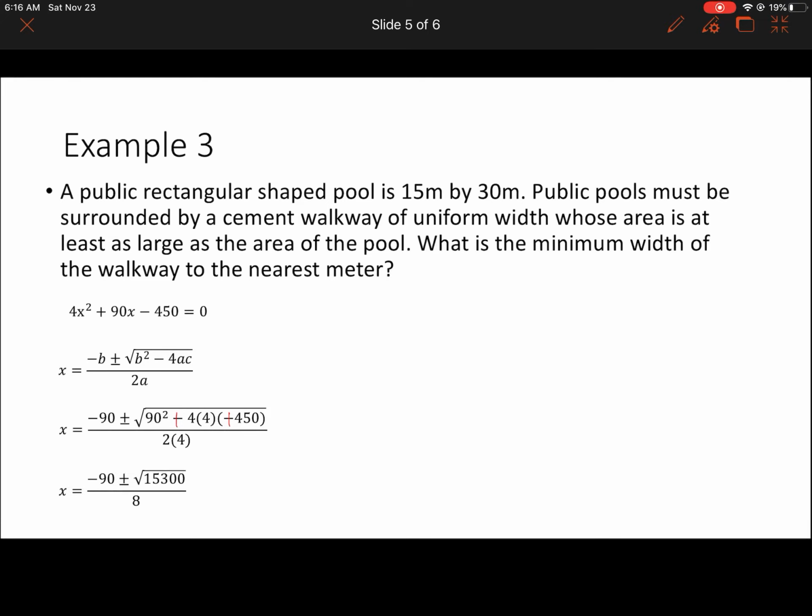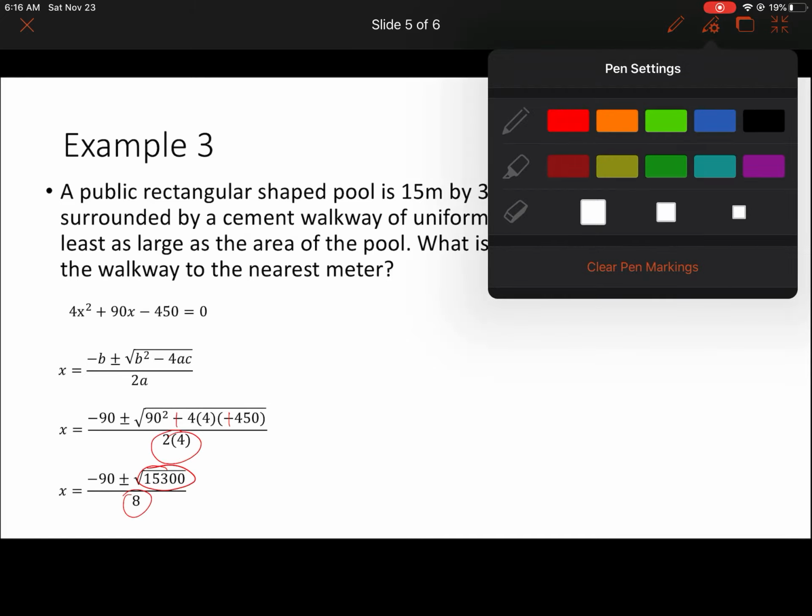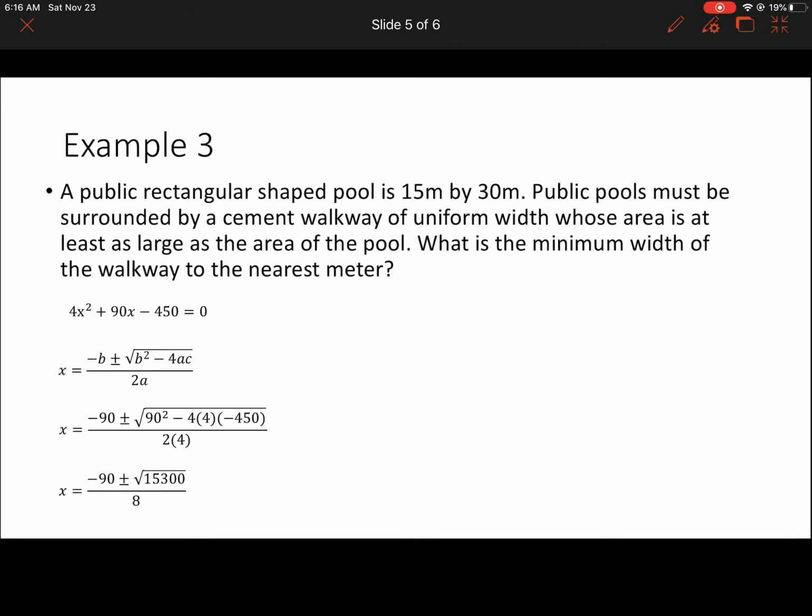What's 4 times 4? 16 times 450. Put that into the calculator, we get that. 2 times 4 is 8. Now pump that into a calculator. Square root of 15300, 123.7.